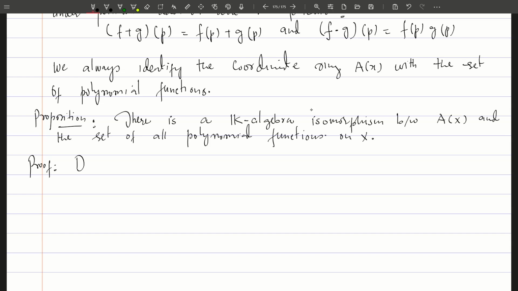Define a map, say psi, from the polynomial ring K[x1,...,xn] to the set of all polynomial functions on X.